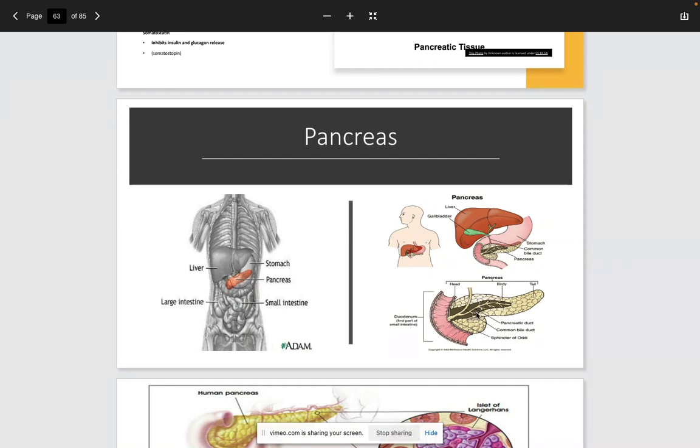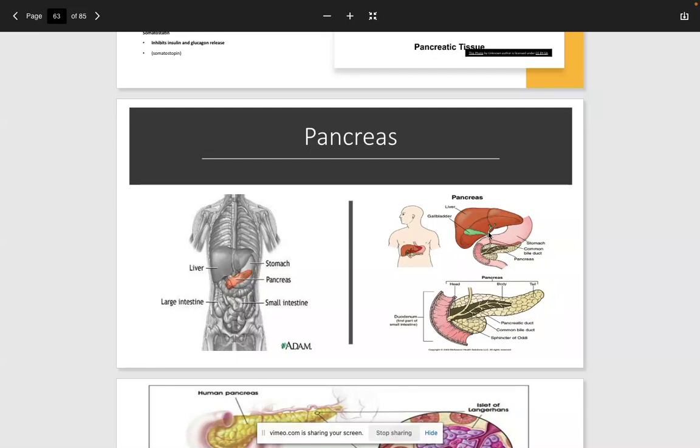The head of the pancreas is going to have something called the pancreatic duct, and the pancreatic duct is going to come over here and closely connect to this common bile duct. This is a very important picture because the liver has the gallbladder directly inferior to it, actually positioned on the liver, right? This gallbladder has two ducts. The gallbladder has a cystic duct, which joins this hepatic duct.